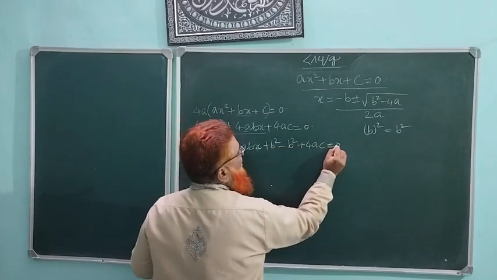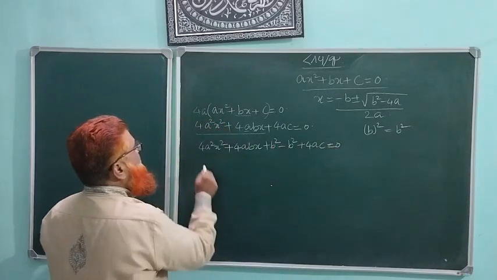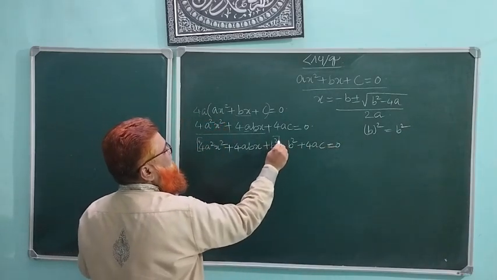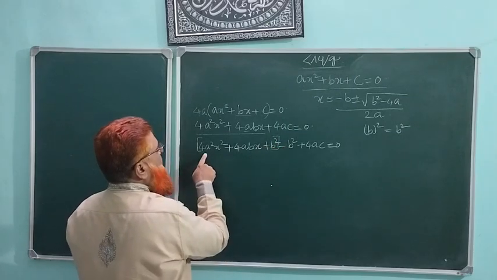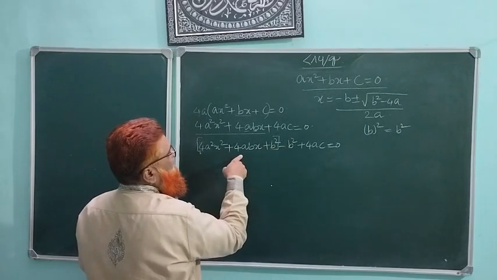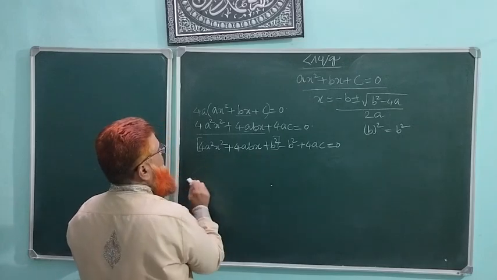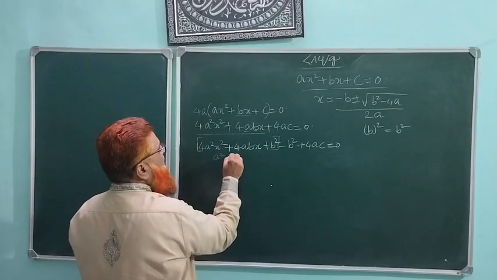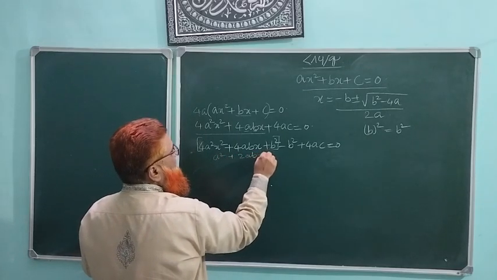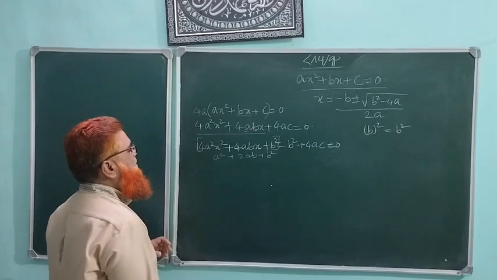Alright. Now you make a complete perfect square for this expression: 4a square x square plus 4abx plus b square. It is of the form a square plus 2ab plus b square.